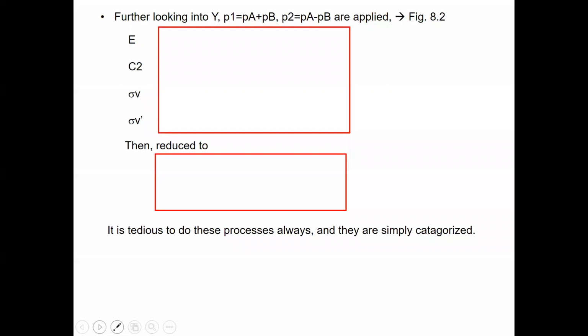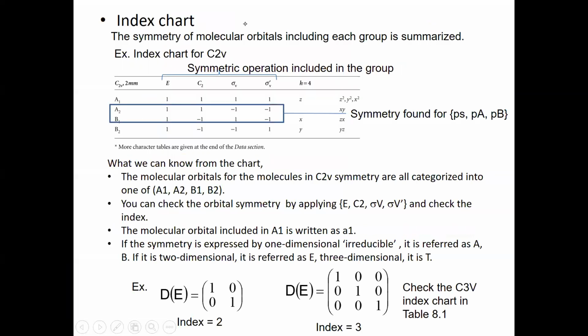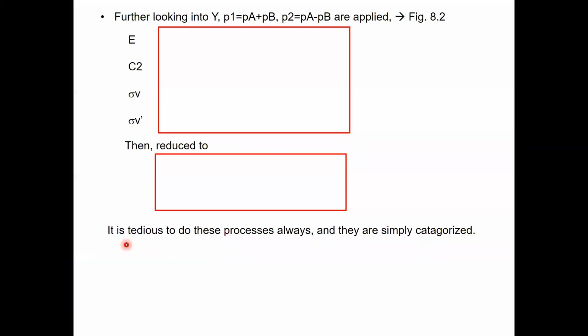And in the next step, there's another step to reduce this matrix, in which the orbital made of PA and PB is converted into the sum of them and the subtraction of them. And don't ask me why, you will understand after calculation.